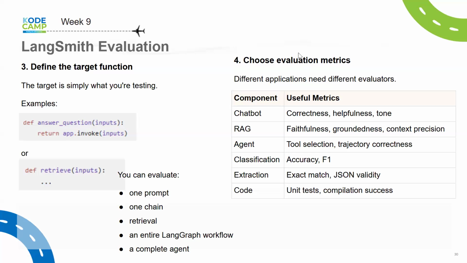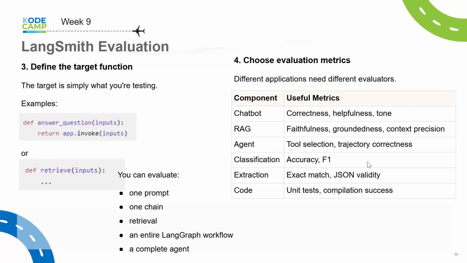Then the fourth step is you have to choose your evaluation metrics. Oh, by the way, this is if it is in Langsmith, of course. So you have to build your app or your agent and then invoke it. But then note that these steps also apply for both using Langsmith or writing your own evaluation locally.